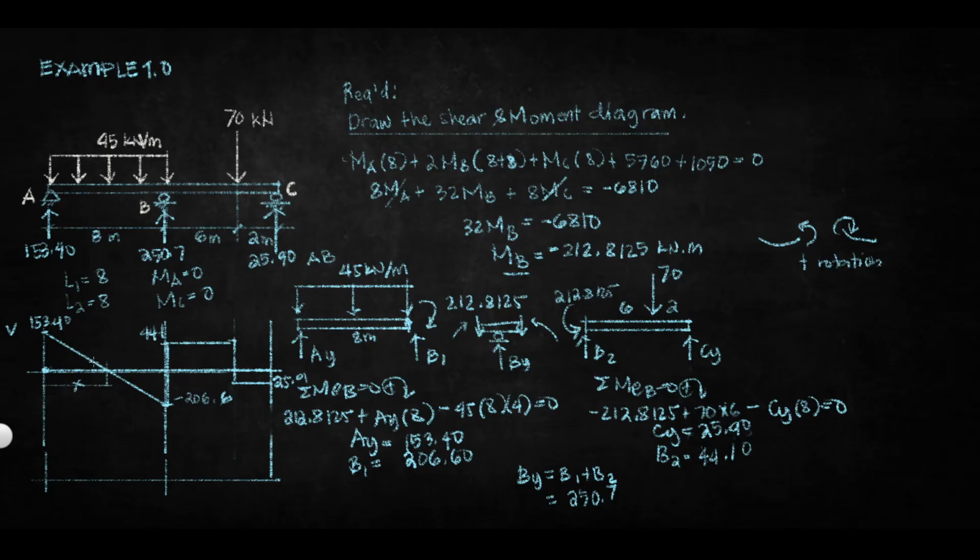So for the x here, a similar triangle, 153.40 is to x is equal to 153.40 plus 206.6 is to 8.